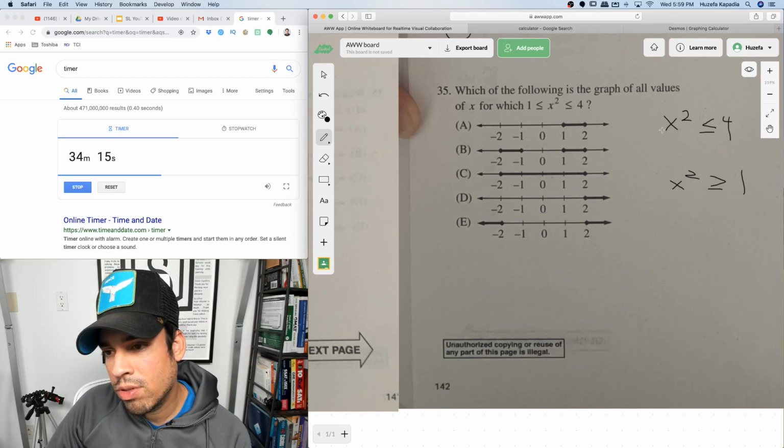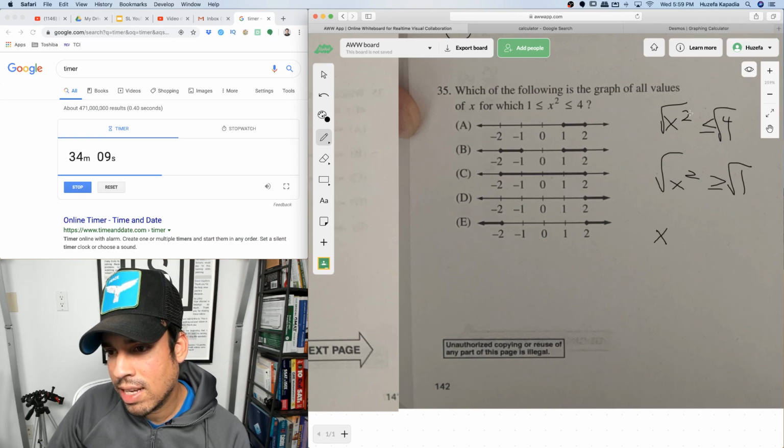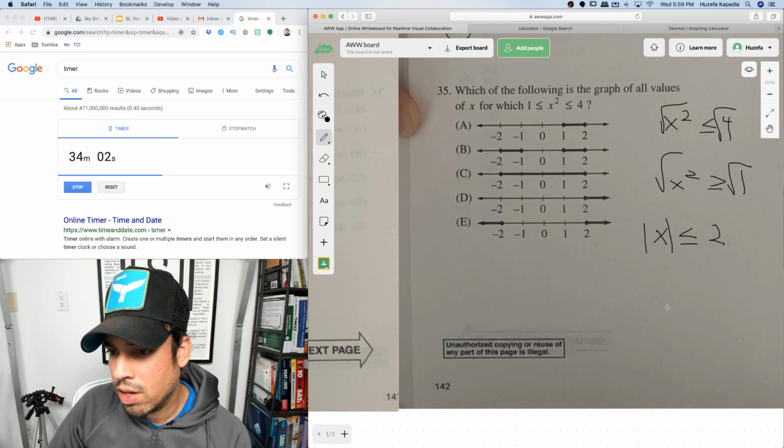Oh, this is like an absolute value function, because that's equivalent to absolute value. This is like absolute value of x is now less than or equal to 2.